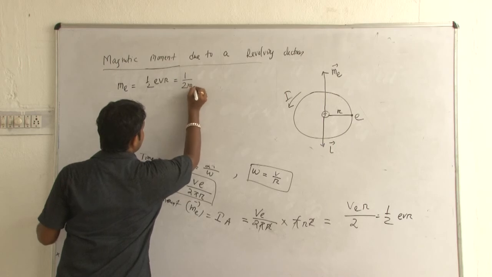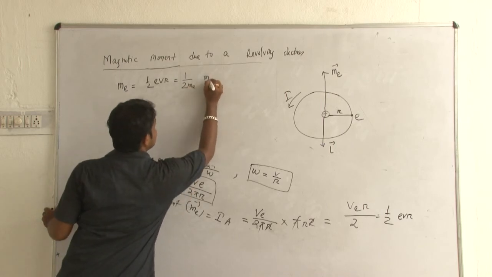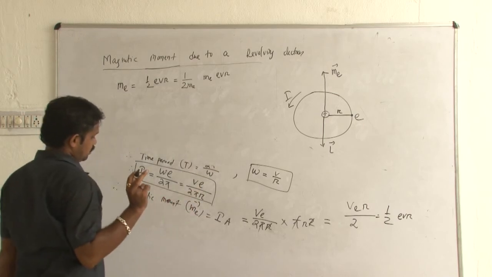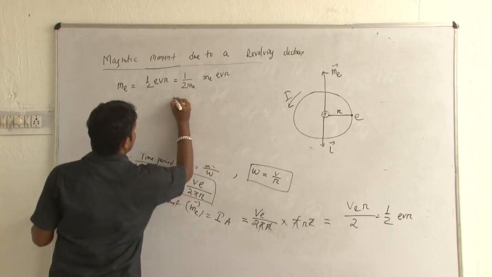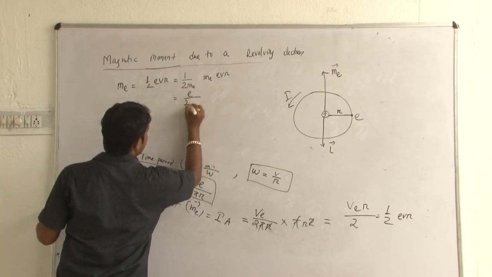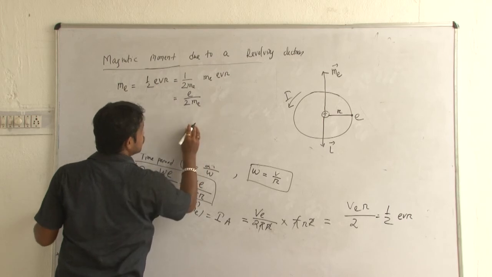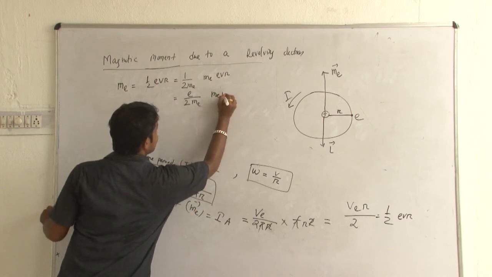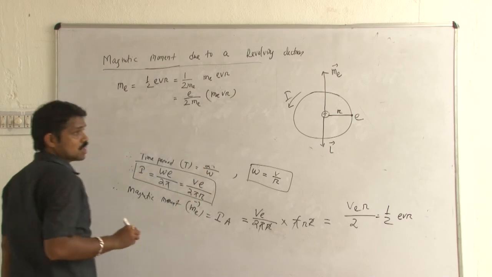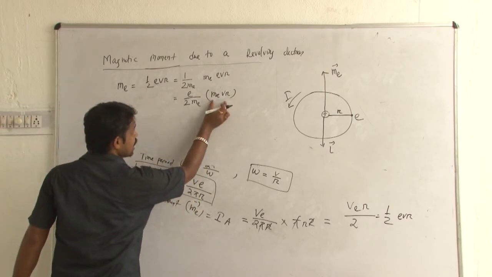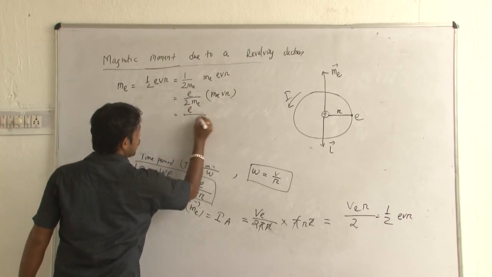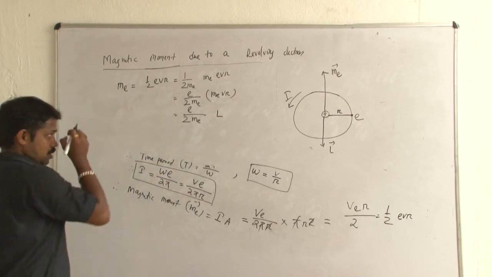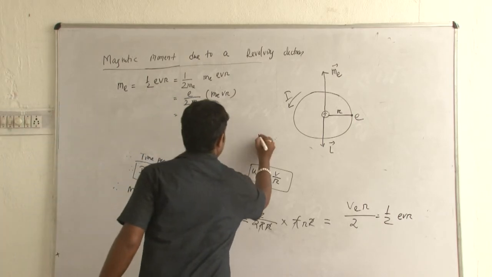So half, m_e, and this is m_e e v r. Clear? So this is e by 2 m_e, and this is your m_e v r here. Understood? So what is this m_e v r here? This is nothing but L.